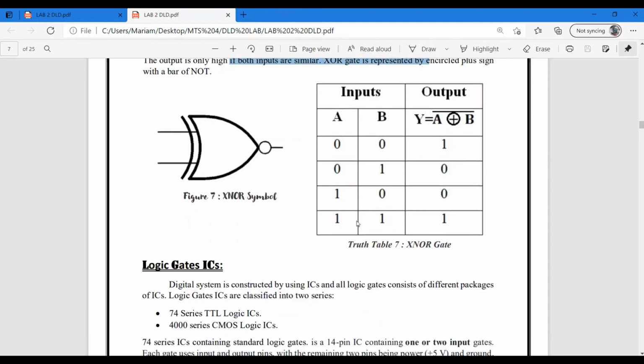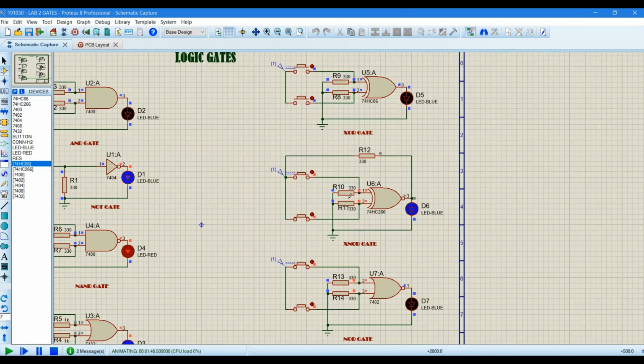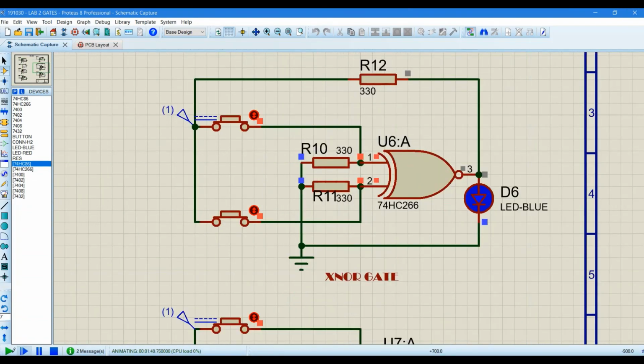In this truth table, as shown, when both states are same, the output is on, or we can say that the output is at high state. Otherwise, the output is at low state or at 0. So let's get into the simulation.